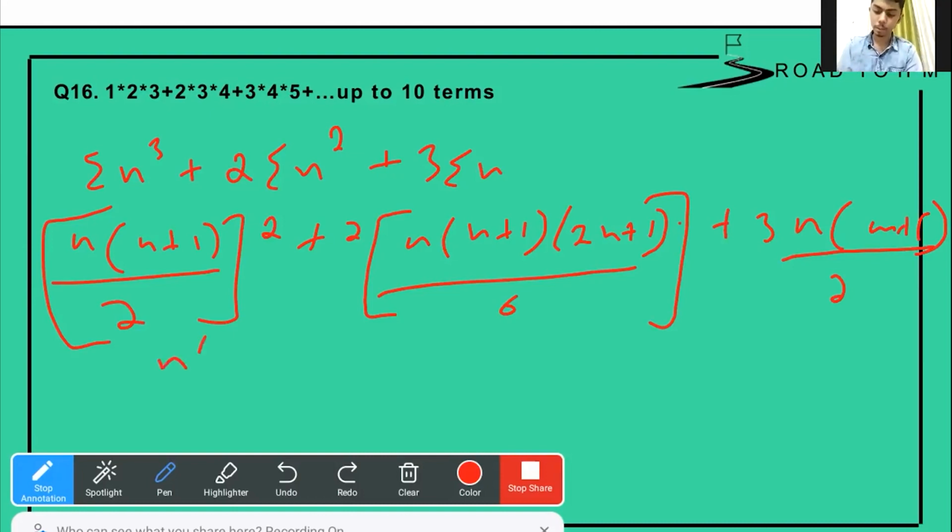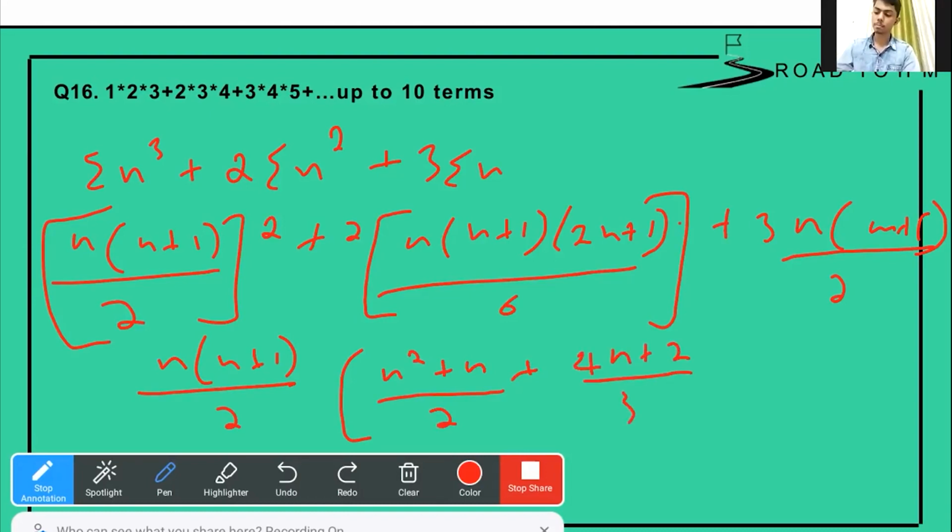We'll take n into n plus 1 by 2 outside. So n square plus n by 2, I just open this, plus 2, 4, and plus 2 by 3 plus 3.